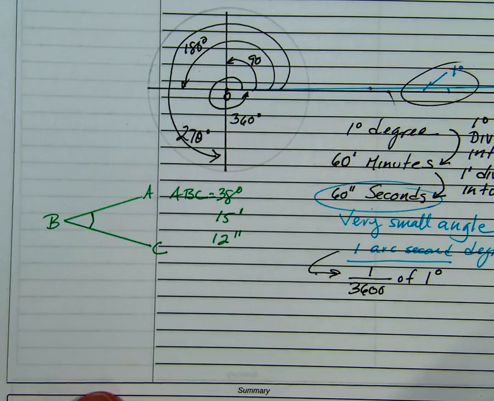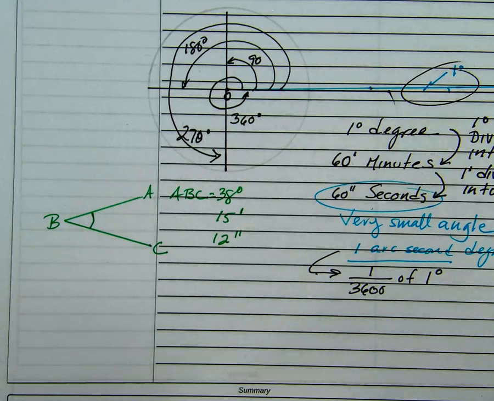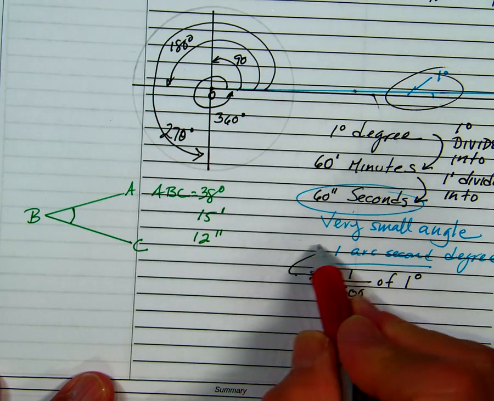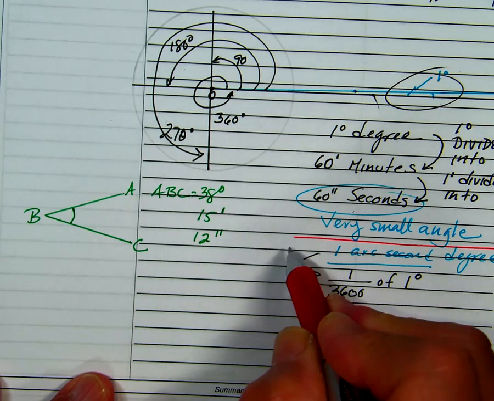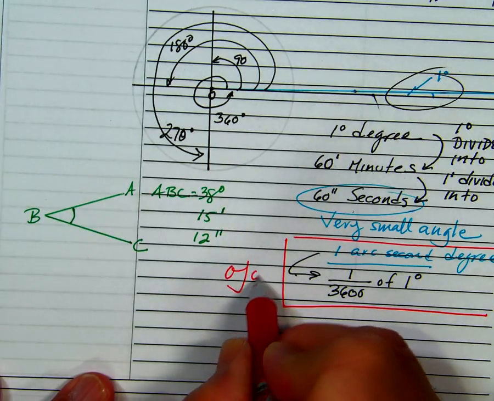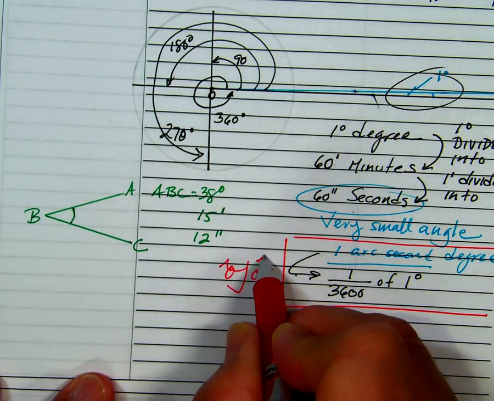Okay, this is an important thing to remember, because if we do measurements in astronomy that are very, very small, sometimes this is very helpful. Okay, and you know our traditional, just keep an eye on that.